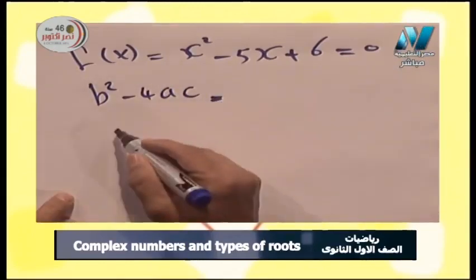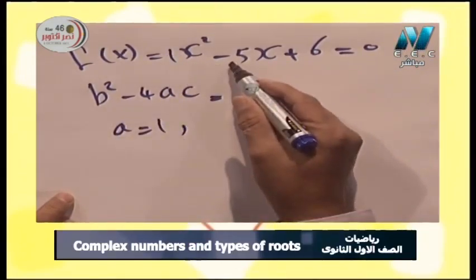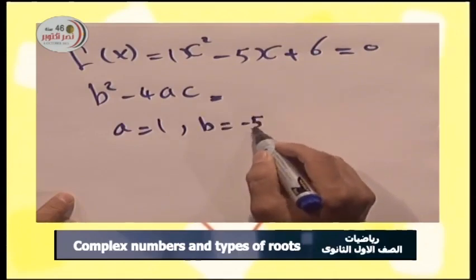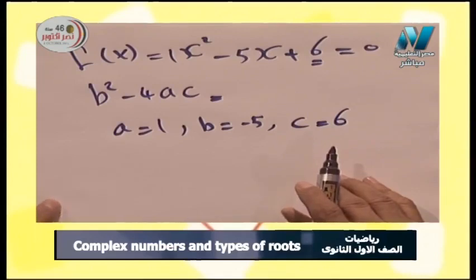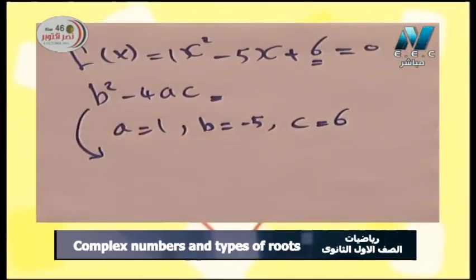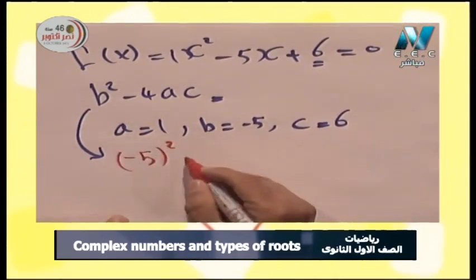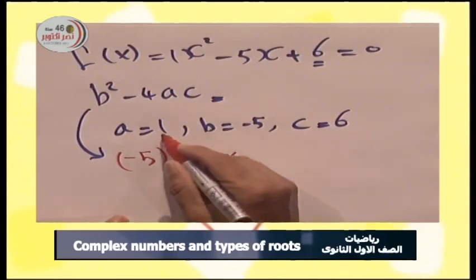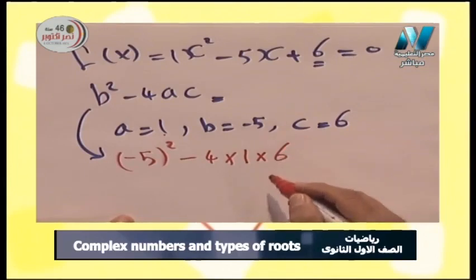What is a here? a is 1, b is negative 5, and c is equal to 6. When we substitute here, instead of b we put negative 5, so negative 5 power 2 minus 4 multiplied by 1, which is a, multiplied by c, which is 6.